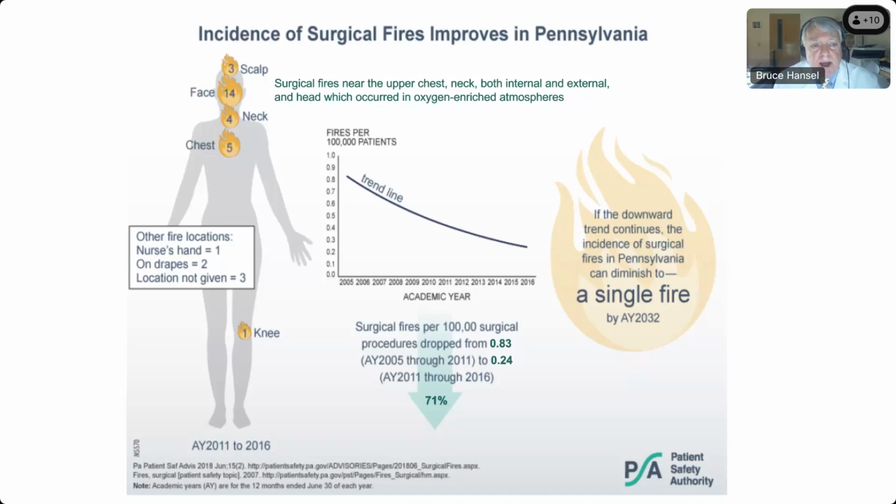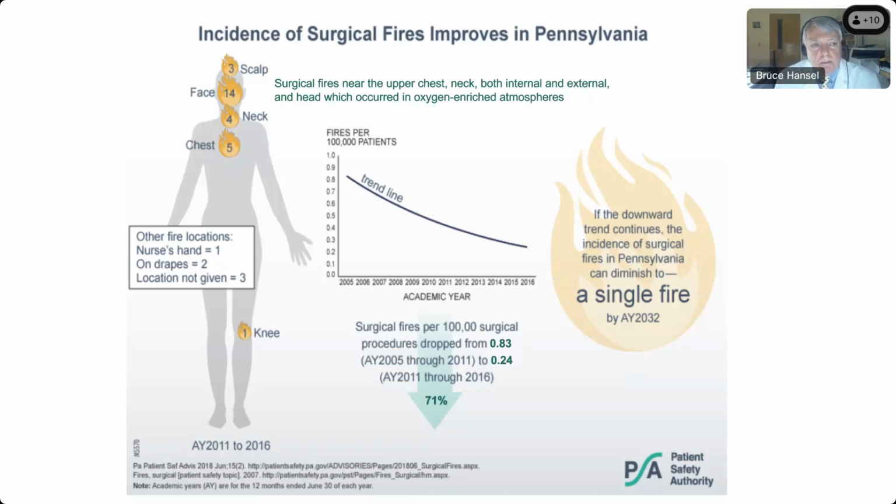Little embers can fly off the electrosurgical blade. They're almost microscopic. They land on the fine villus hair on exposed skin. And it's essentially like flipping a lit cigarette into a dry grass field.